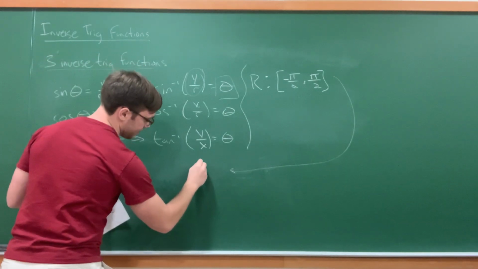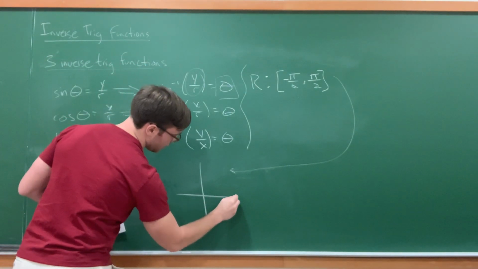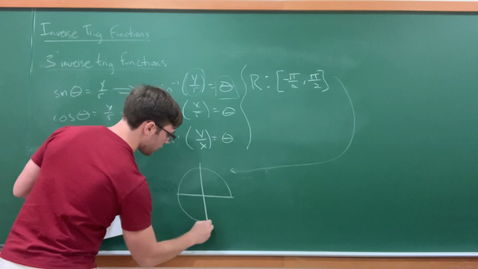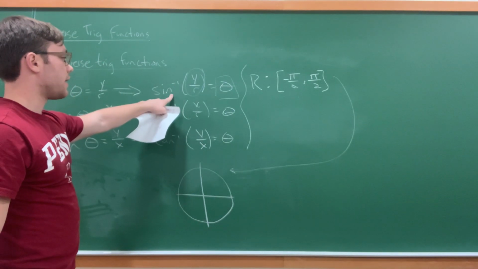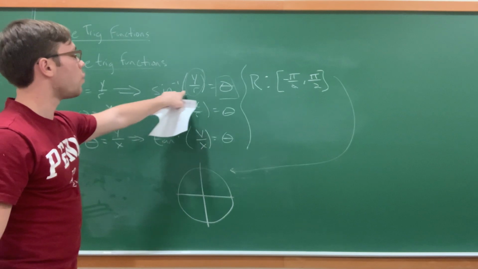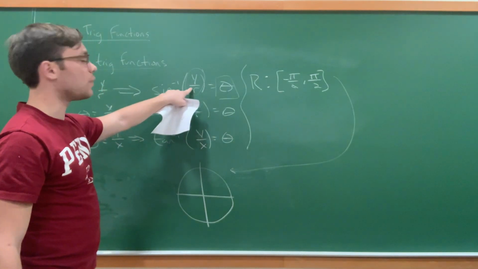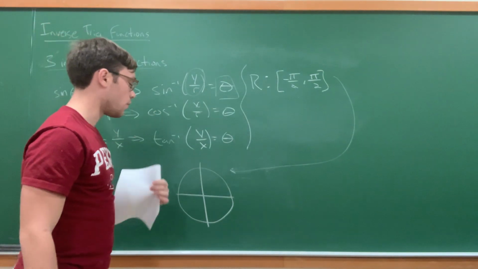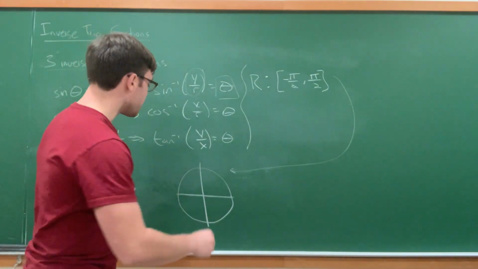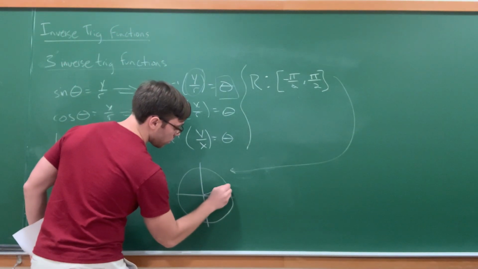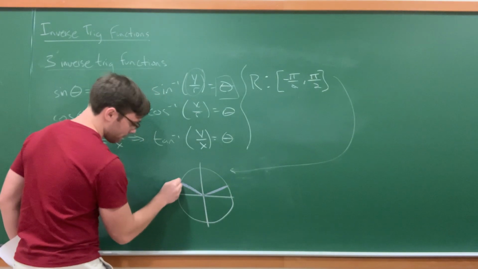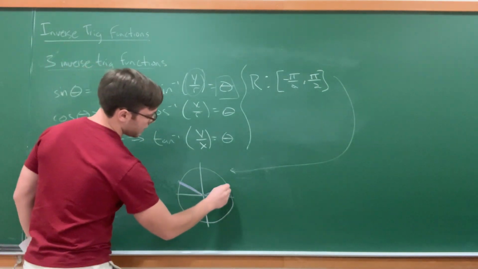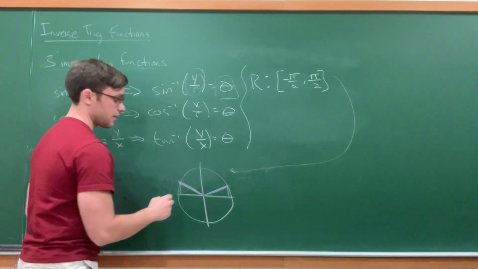Here's what we mean by that. If I have my unit circle, and I ask at which theta we get a y value of 1/2, you get that here, and you get that here. This is 1/2, this is also 1/2.